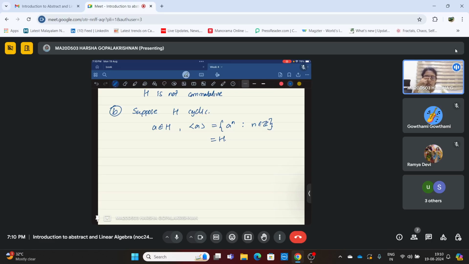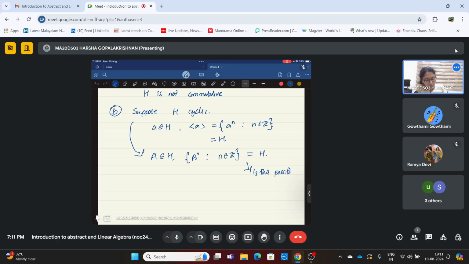Okay. Now here the question is whether the given H is a cyclic group or not. For that, suppose it is a cyclic group. Okay, suppose H is cyclic. Then we need a matrix A. There exists a matrix A in H such that the set of all A power n such that n in Z is exactly same as our H. Is this possible?